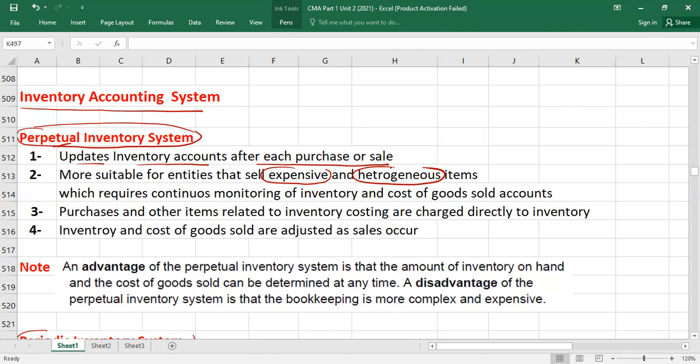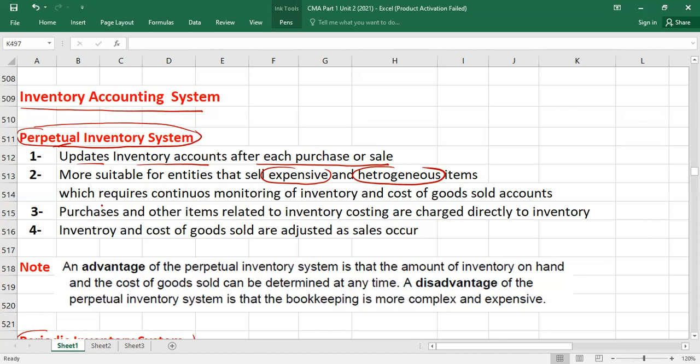And if you misplace maybe one item, there could be a problem. If you are dealing with diamonds, that is also an expensive item, small in size. If you lose one, maybe it will cost you a huge amount, right or wrong? So 2 points we are done.